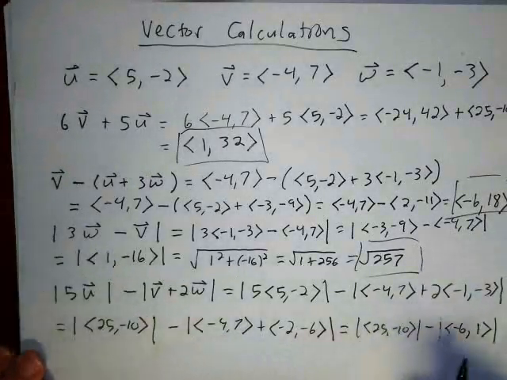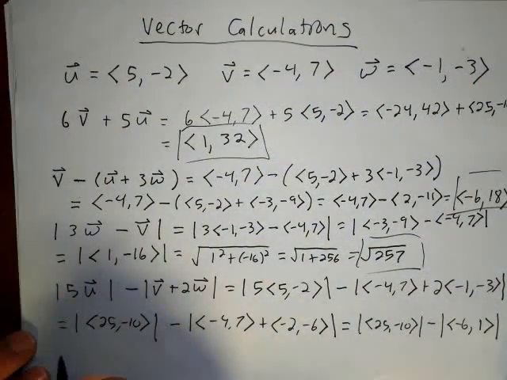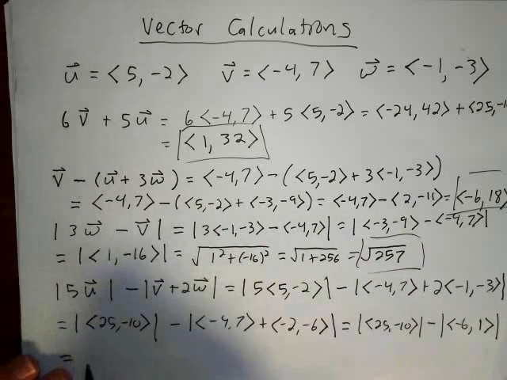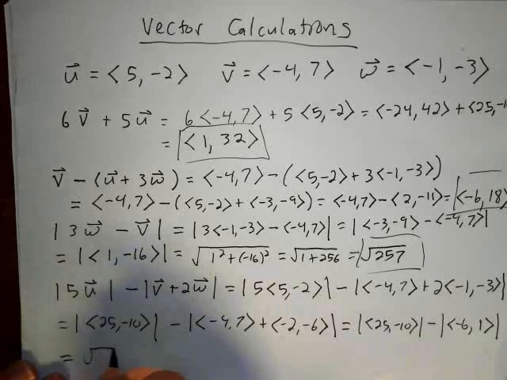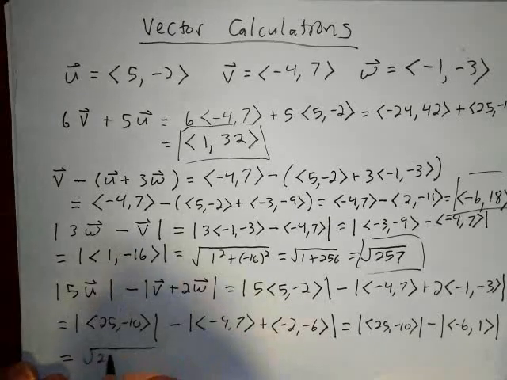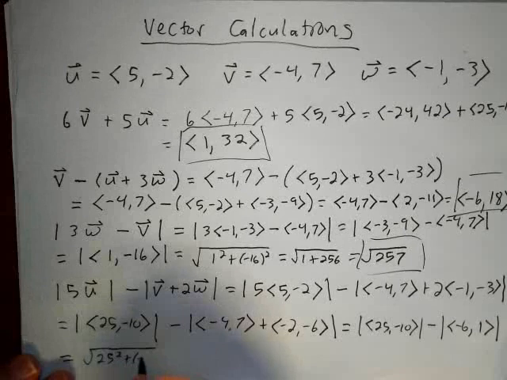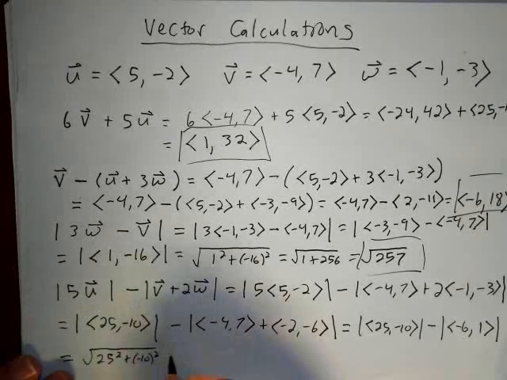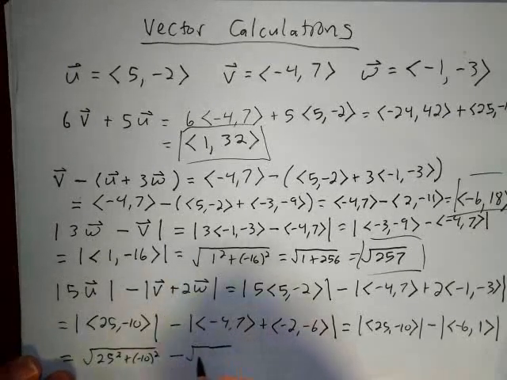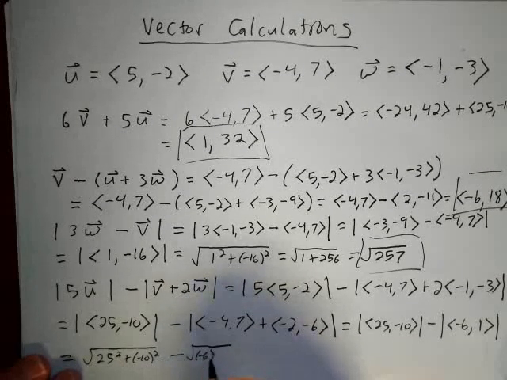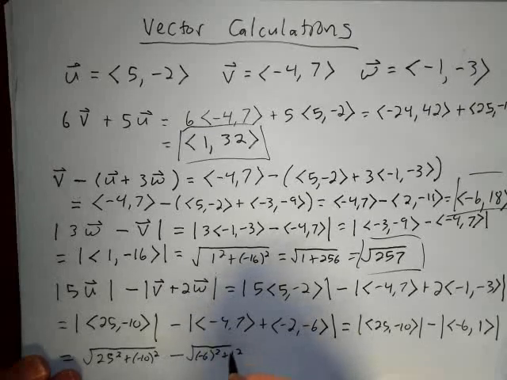Now I've got to take the magnitude of those two vectors, and I'm going to get the square root of 25 squared plus -10 squared minus the square root of -6 squared plus 1 squared.